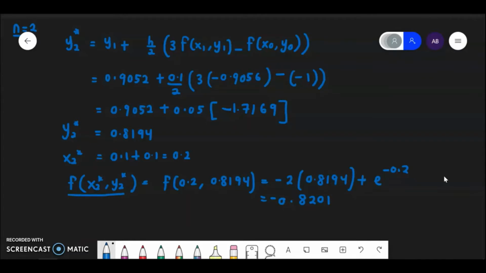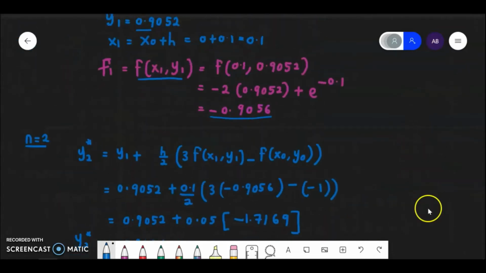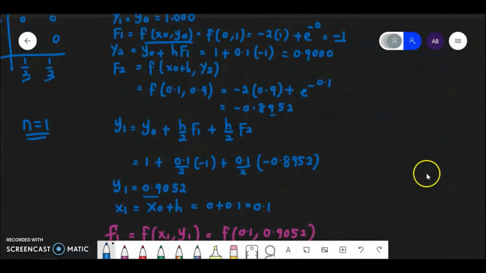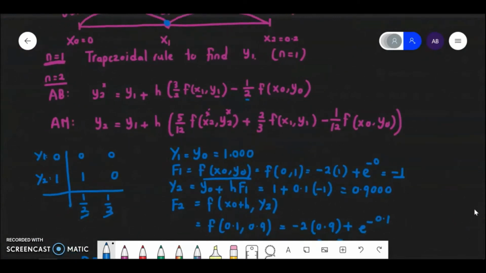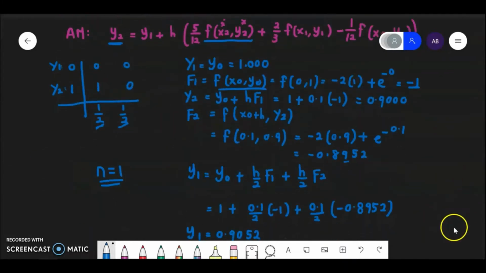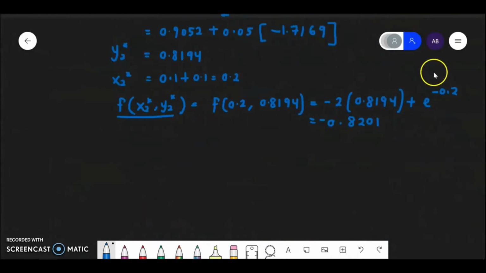Now why do you need this value here? To approximate using Adams-Moulton. Okay, so I've obtained this value when I want to solve using Adams-Moulton to find the real y2. And x1, y1, you've already found earlier on, and this is at initial. Let's find my y2, the real y2.